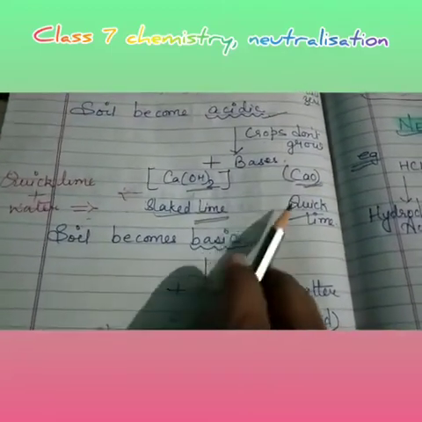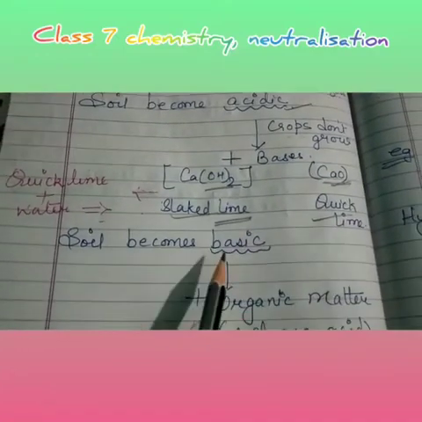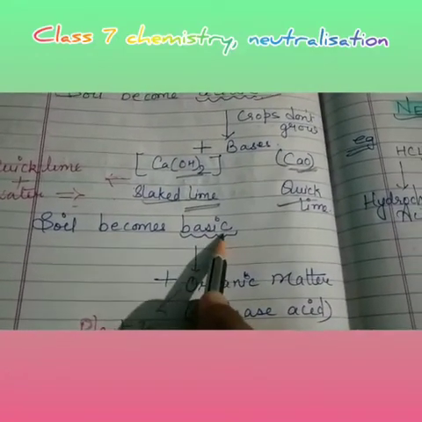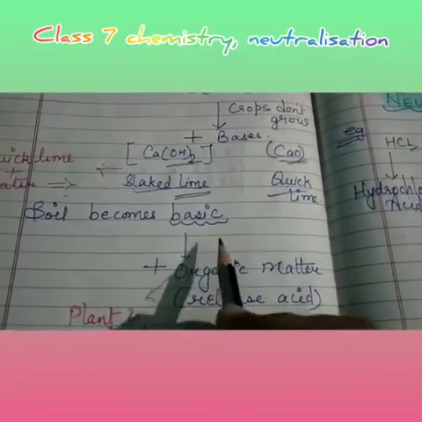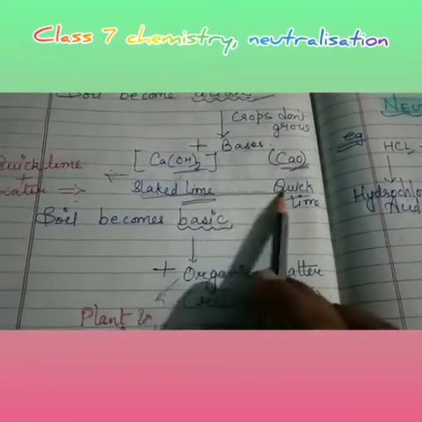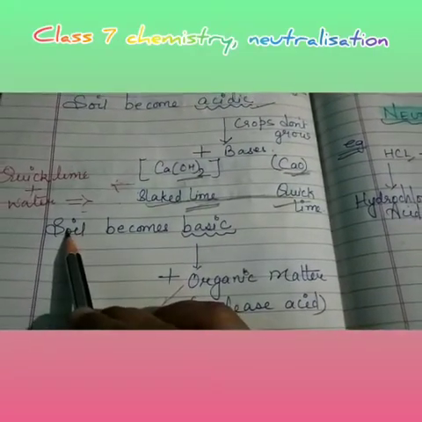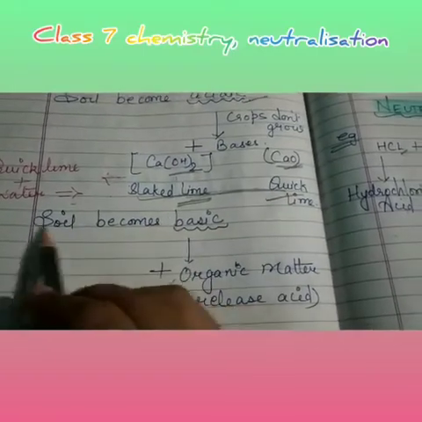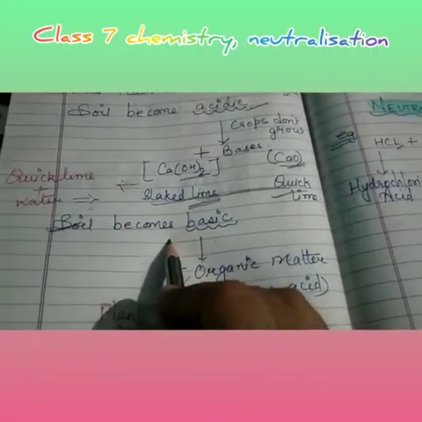So what happens when we add either of these two bases, then soil becomes basic. It neutralizes the acidic soil with the base. In this neutralization, soil becomes easy for the growth of crops. Now, in this case soil became acidic, and now soil becomes basic.